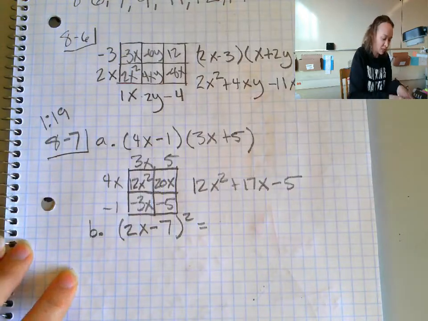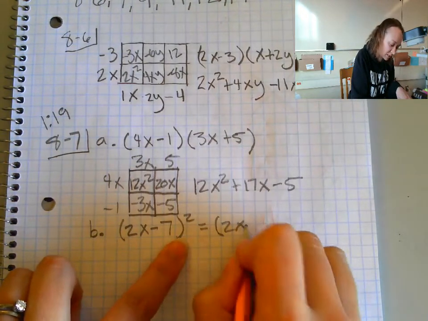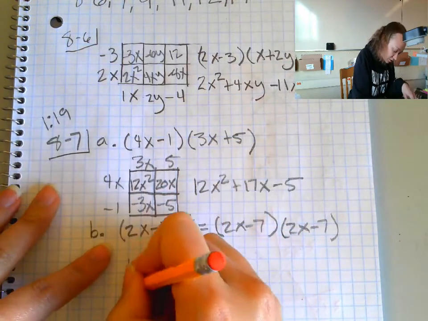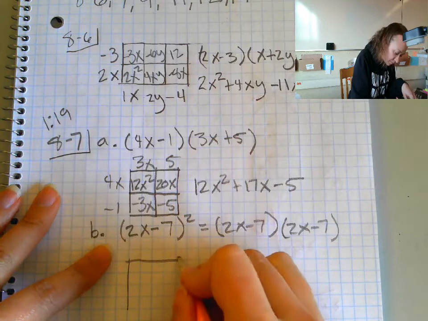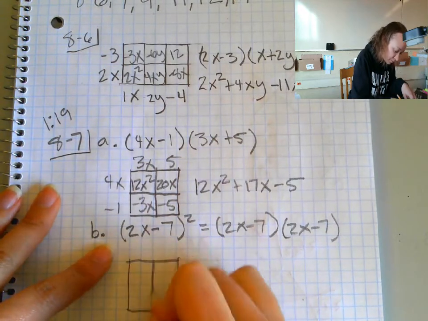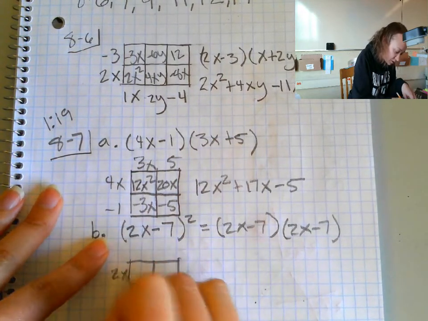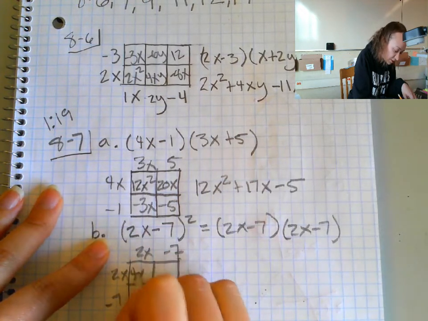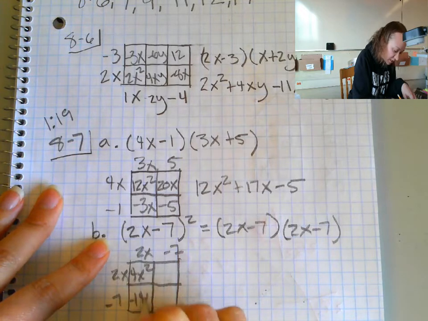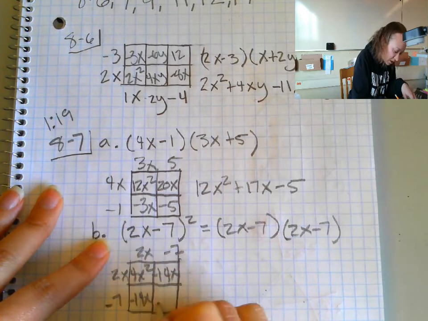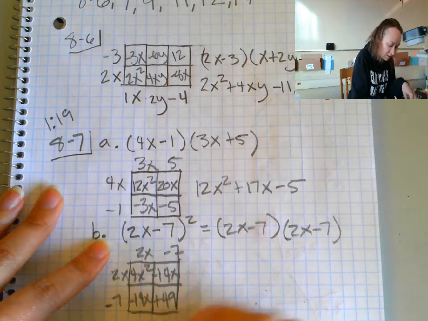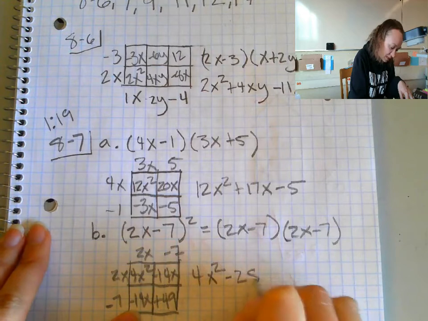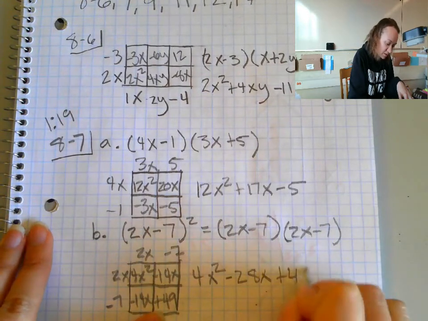For part B, I need to remember that this is the same as 2x minus 7 times 2x minus 7. But once again, I do that with a generic rectangle. So 4x squared minus 14x minus 14x plus 49 gives me 4x squared minus 28x plus 49.